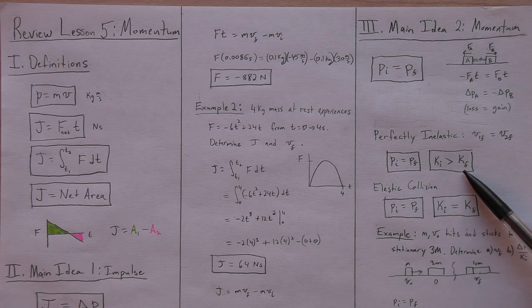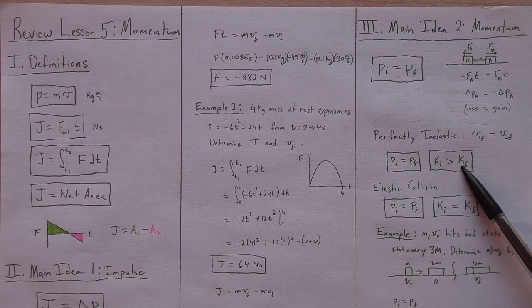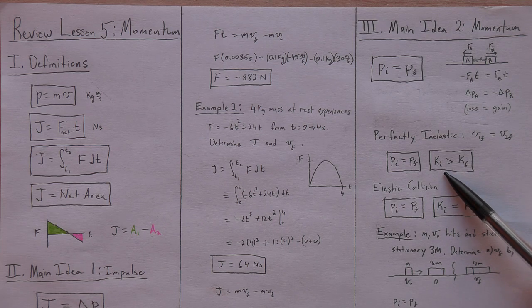But kinetic energy is lost. Energy isn't lost. Some of the initial kinetic energy, maybe we had 10 joules and we only have 8 after, because 2 joules were converted to other things like sound, or maybe crushing the car down takes work. So total energy is conserved, but kinetic energy is not.